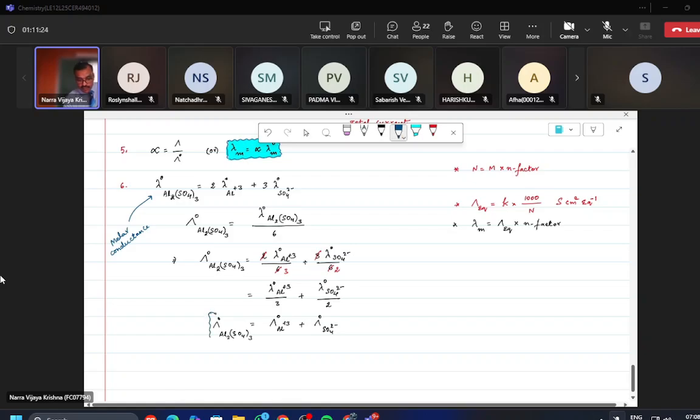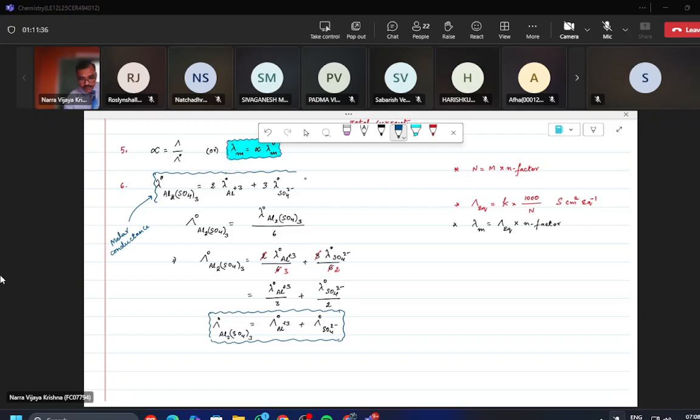Now observe these two equations carefully, this one and the first one. What have you observed? While calculating equivalent conductance, you are not considering the number of cations or anions. While calculating molar conductance, you need to take the number of cations and anions into consideration.